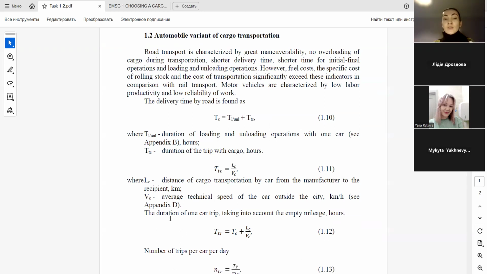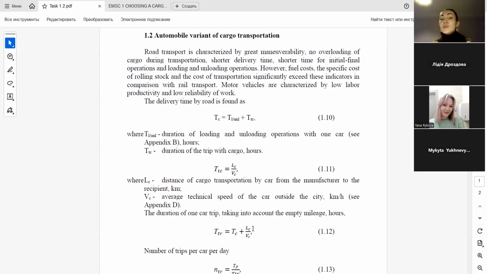We need to calculate the duration of one car trip, taking into account the empty mileage, in hours, the same as all time we calculated in hours. So we need to find it. Okay, T with index TR, our trip time, is equal to, please write on your paper, and we use our previous calculation. T with index C, it is the result of our formula 1.10. We already did it 1 minute ago.